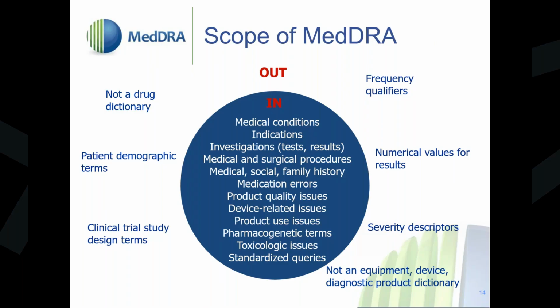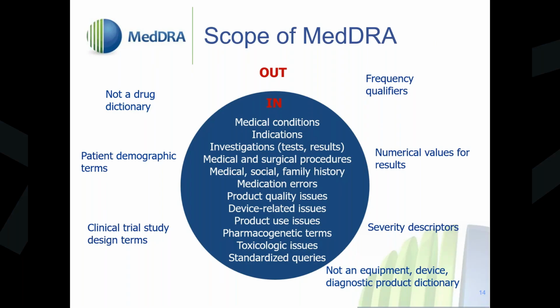MedDRA is not scoped to give frequency qualifiers like frequently occurring headache, rarely occurring nausea, X number of times having this kind of event happen. Those kind of qualifiers don't exist, but there are also exceptions, like you could have some intermittent types of qualifiers.